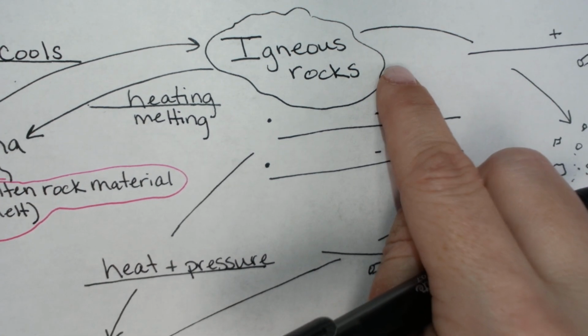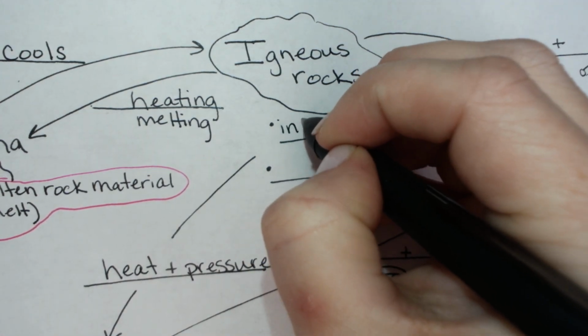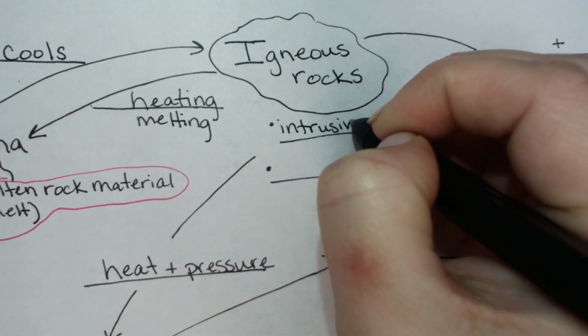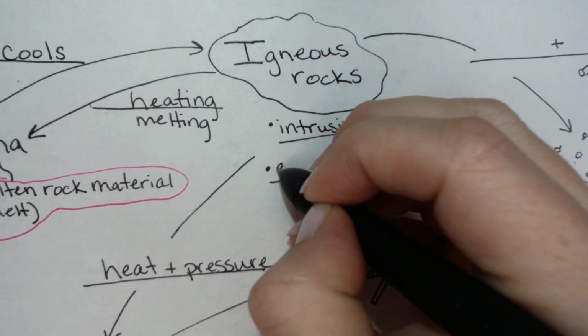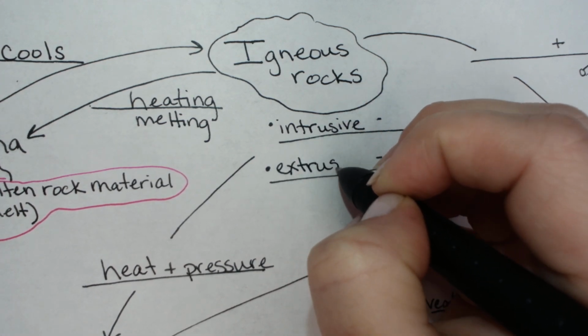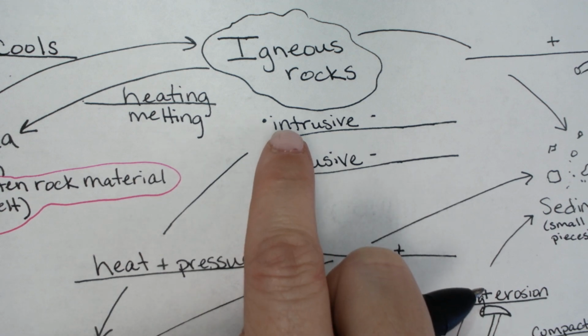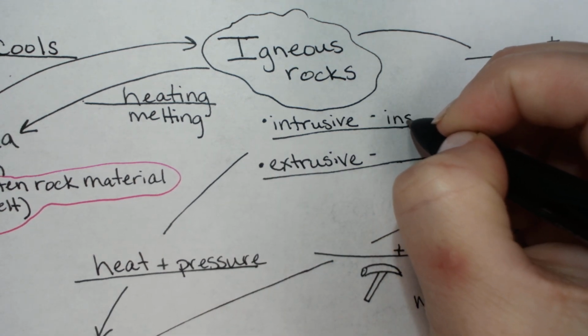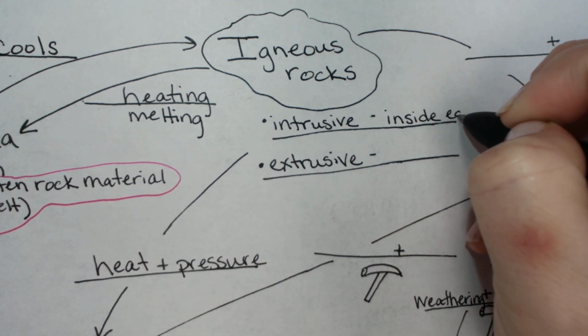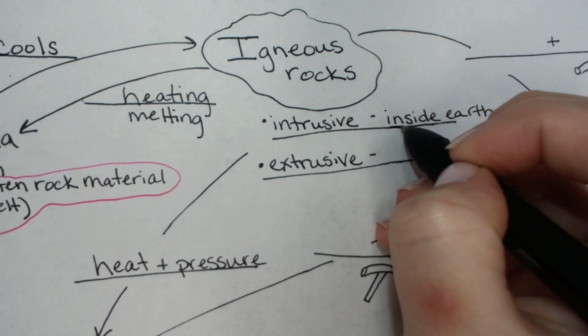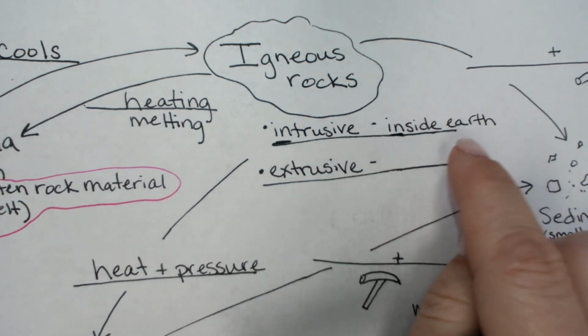All right, igneous rocks. There are two types of igneous rocks. We have intrusive igneous rocks and extrusive igneous rocks. Intrusive is inside the earth.